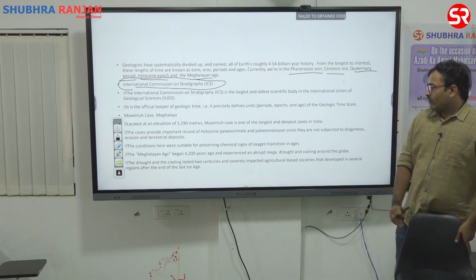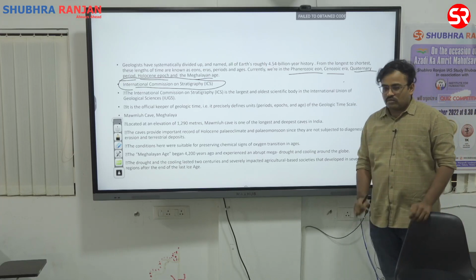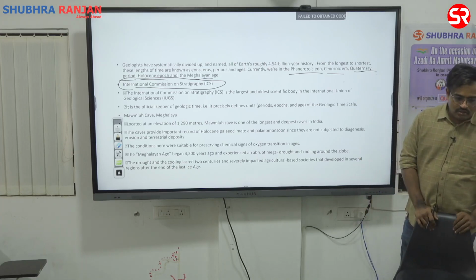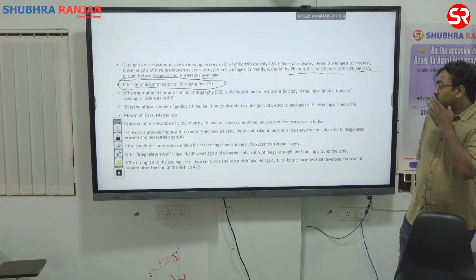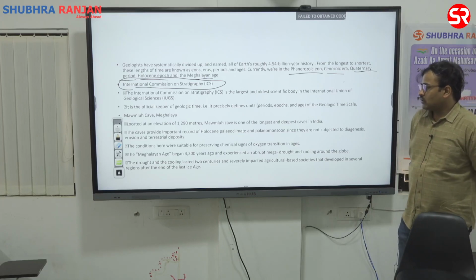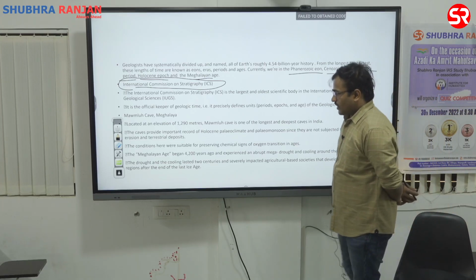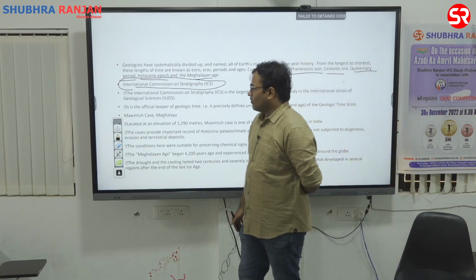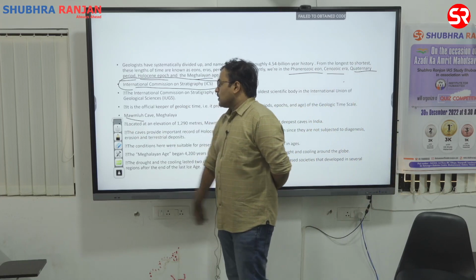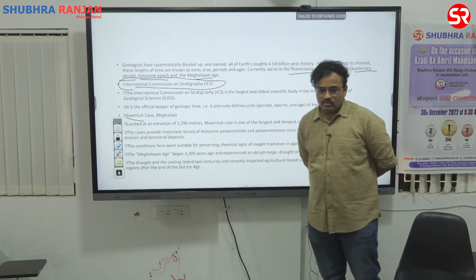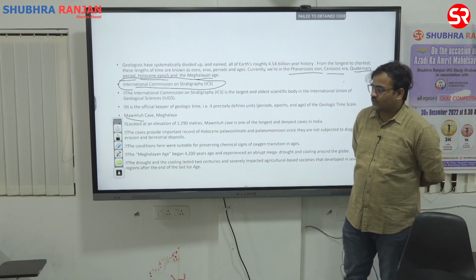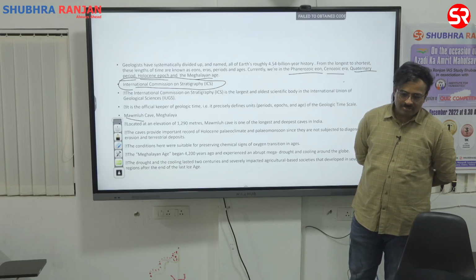And the name of the Meghalayan age, write one statement: the name of the Meghalayan age comes from the Mawmluh caves of Meghalaya.